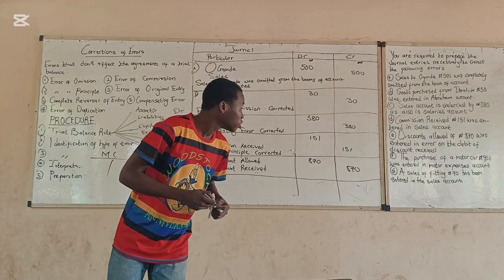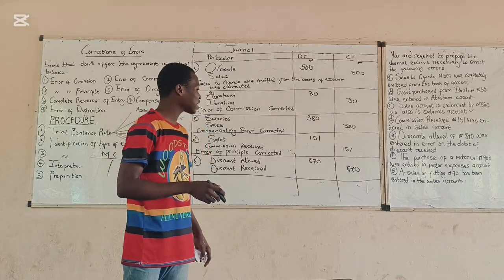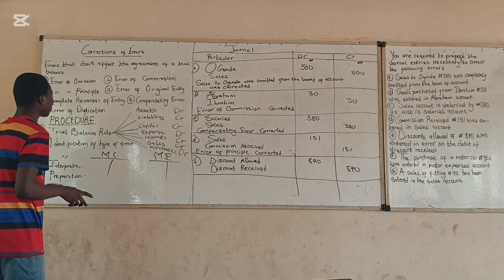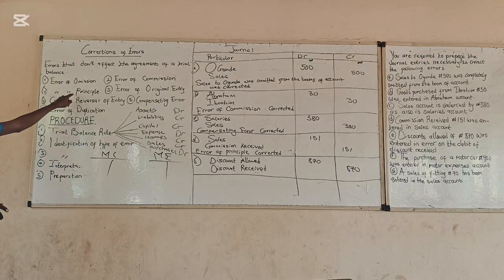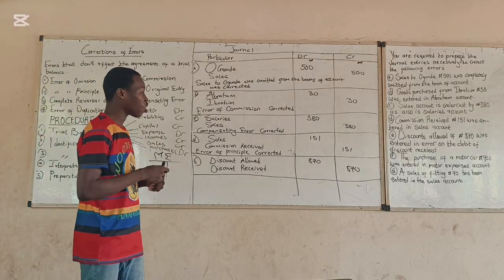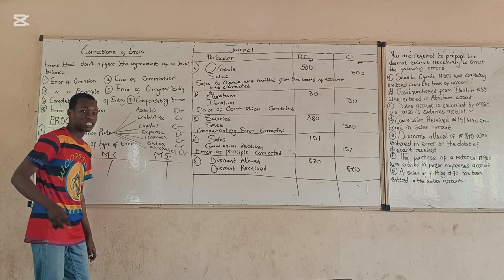Again, the purchase of motor car, 900 naira, was entered in motor expenses account. And I said the other time that this is an error of principle when a transaction is entered in the wrong class of account. A purchase of motor car, 900 naira. So you recorded it in motor expenses account.